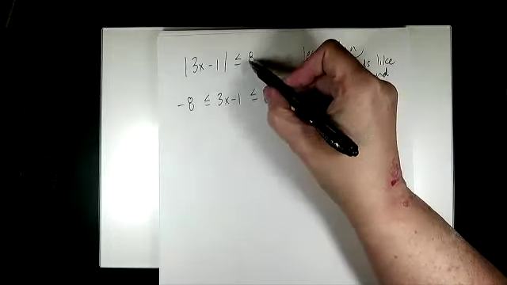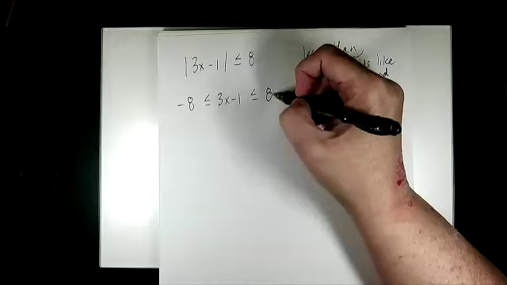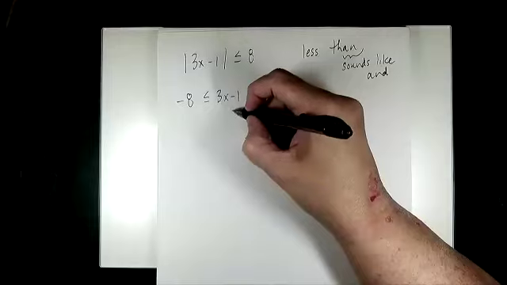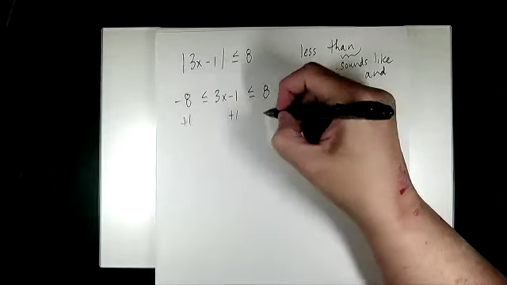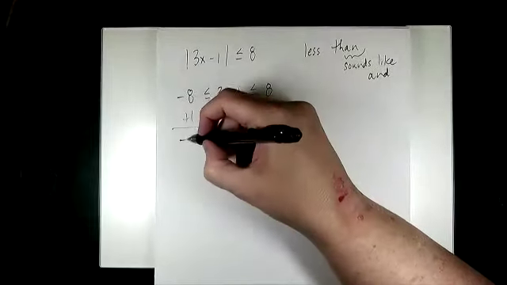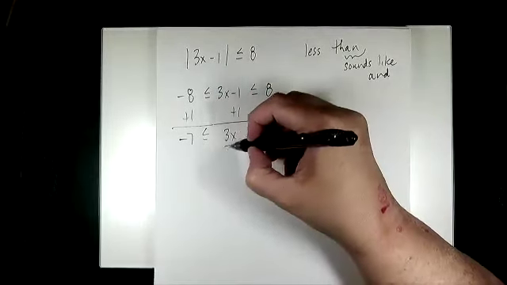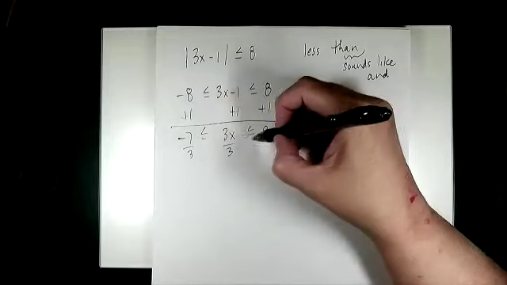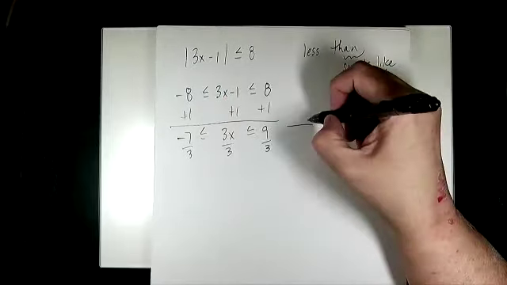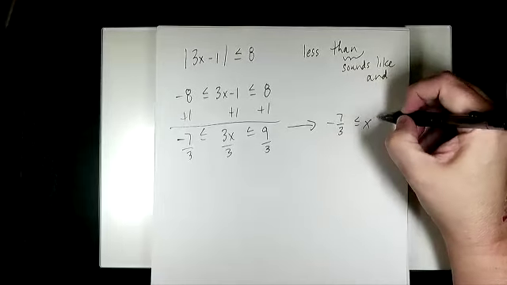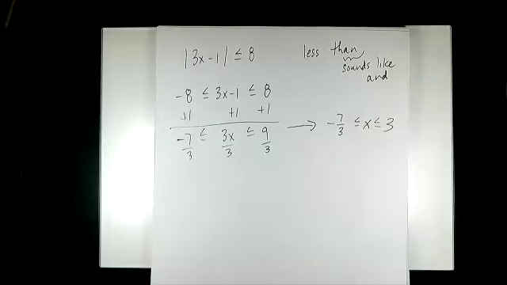We have our 8 turns into a negative 8 and a positive 8, but it's really values that are between it. So we add 1 to every region. Divide by 3. And we have negative 7/3 is less than or equal to x, is less than or equal to 3.